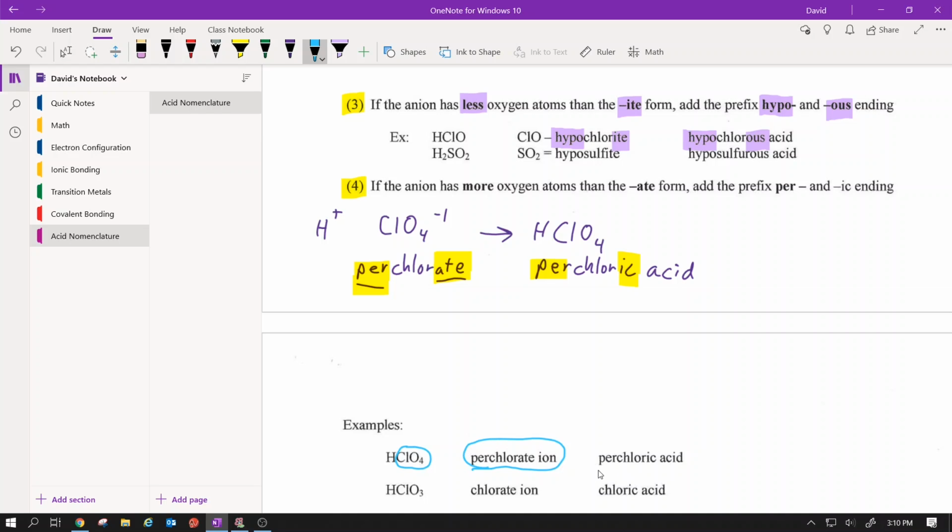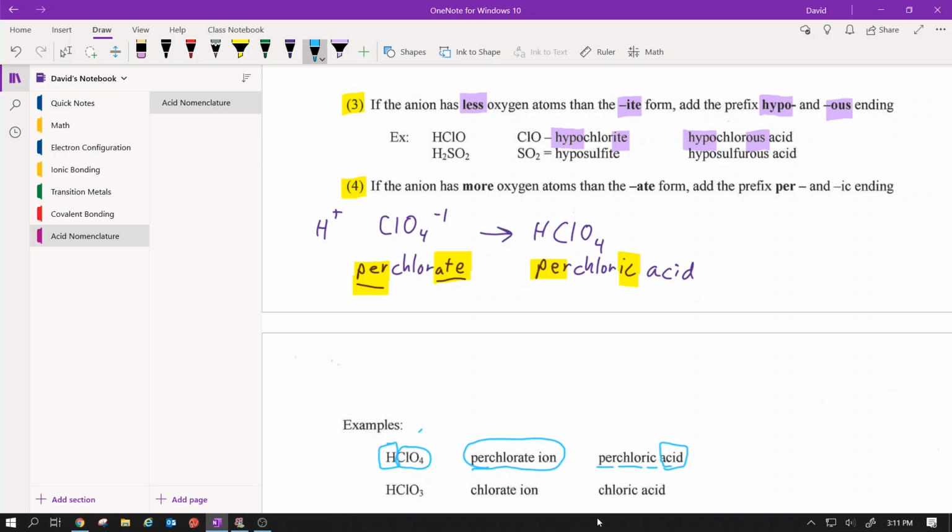That means that we keep our per, we keep our chlor, and our ate turns into ic, and we add acid for the H. Okay. Again, just chlorate turns into just chloric.